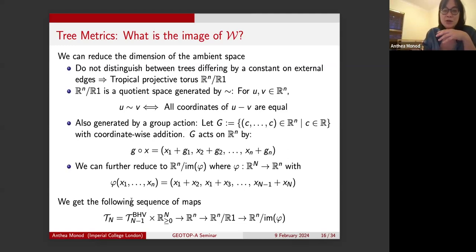You can further reduce from the tropical projective torus down to this quotient space, where you're looking at this map phi, by taking the sum of all of the elements in your vector. So you have this sequence of maps which pass from tree space to Euclidean space to the tropical projective torus to something that's a bit smaller here.